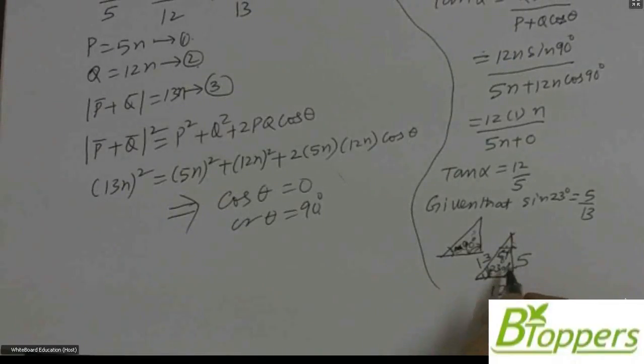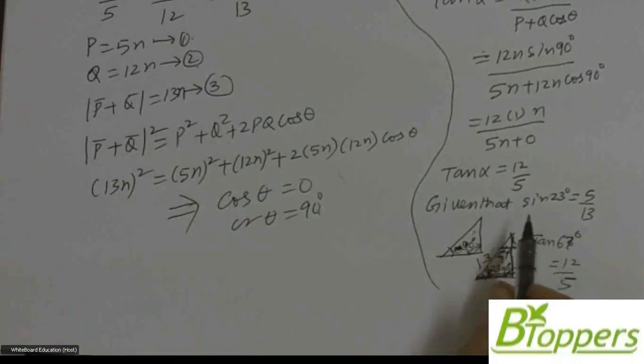You can observe from the figure 12 by 5. What we got is tan alpha equal to 12 by 5. From this figure you can observe that the length of this side divided by the length of this side gives you tan of this angle. That means tan 67 degrees equal to 12 by 5.